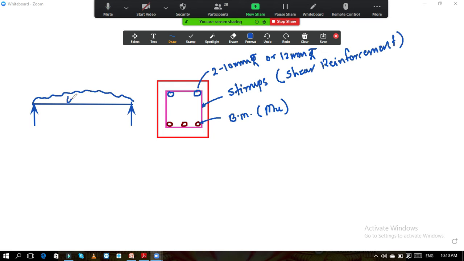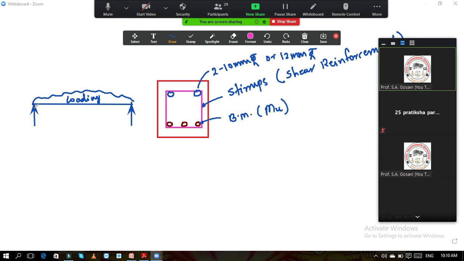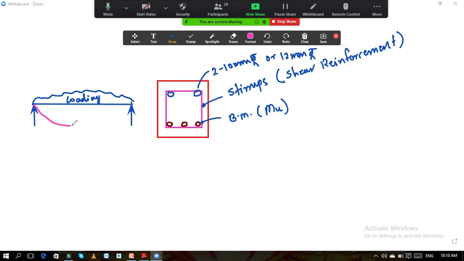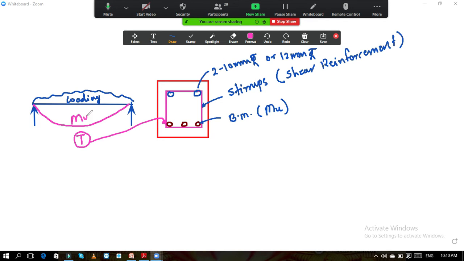Under this condition, this beam will deflect, or the bending moment shape will be like this. So tension is at the bottom, and to resist this tension, this steel is provided. And this moment is nothing but your bending moment Mu. This is in normal regular beams.